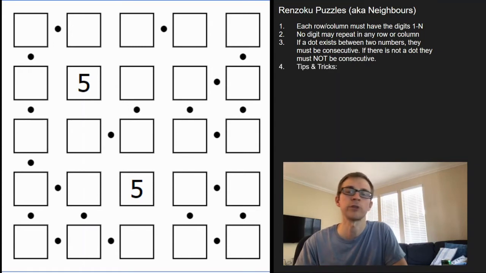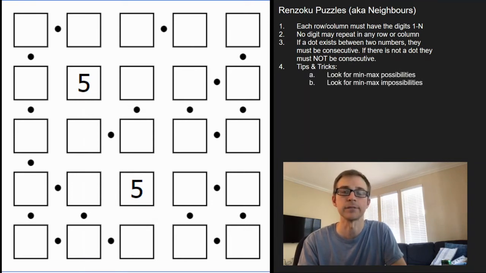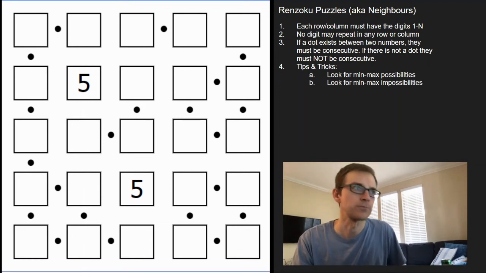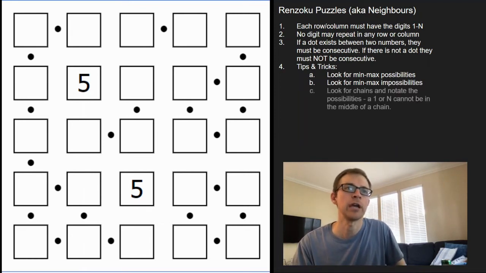What I'm going to go ahead and do is try to solve this puzzle for you guys and share some common tips or tricks that'll hopefully make it easier for you to solve them yourselves in the future. So the first thing I do is I look for any minimum or maximum possibilities and impossibilities. What I mean by that is, you know that in a chain, a 1 or 5 couldn't be in the middle.